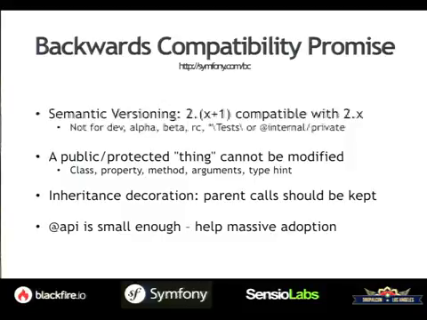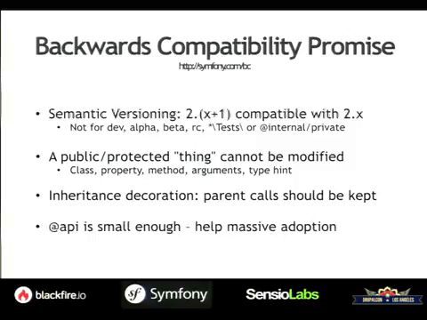And private stuff, obviously. We do have some public methods tagged as internal just because of PHP limitations and the fact that we are still supporting PHP 5.3. That's not going to be the case anymore in Symfony 3 because we're going to drop compatibility with older versions of PHP. But right now we have probably 10 methods that are public but really private.